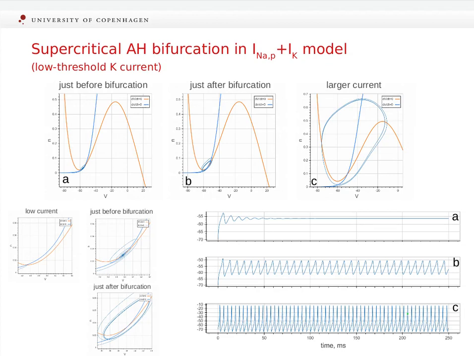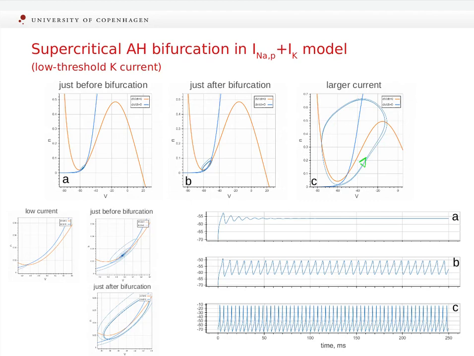So the case of the supercritical Andronov-Hopf bifurcation is illustrated in this slide. So again, this is just before bifurcation. Just after the bifurcation, you see kind of subthreshold oscillations, and at larger current you have full amplitude action potentials.